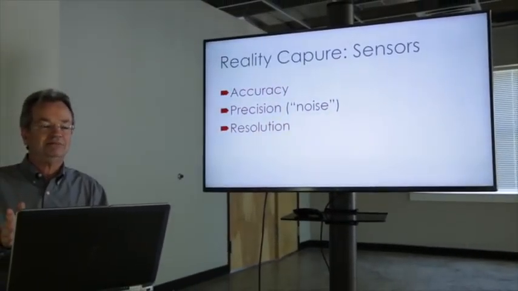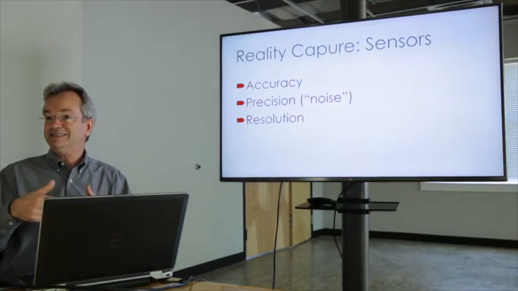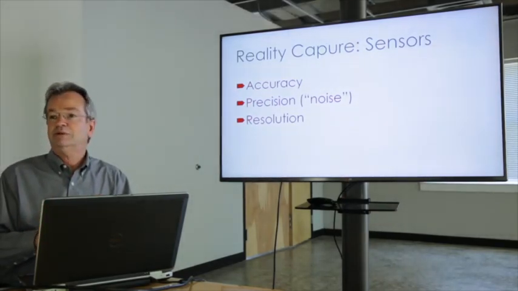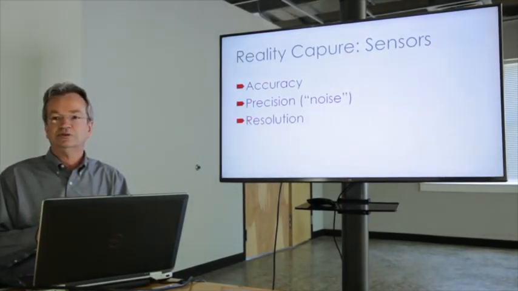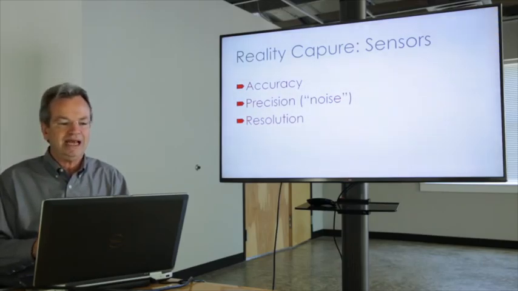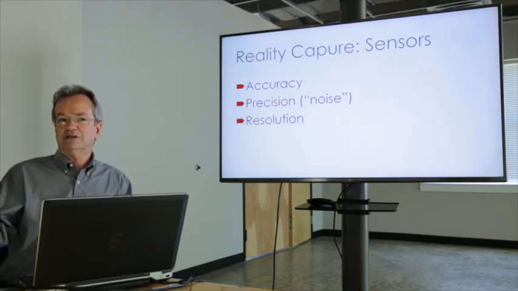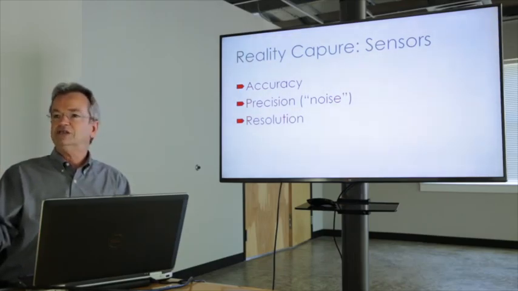If I'm measuring the same thing more than once, is it in the same spot? And we want things to look like they do in the real world, so we're just as concerned with precision as we are with accuracy. And then finally, resolution. What's the smallest thing I can resolve, which is really what's my spacing of my measurements.